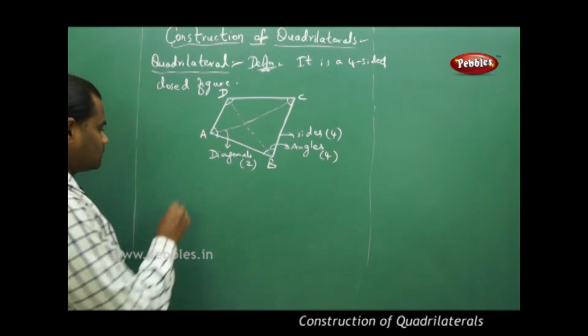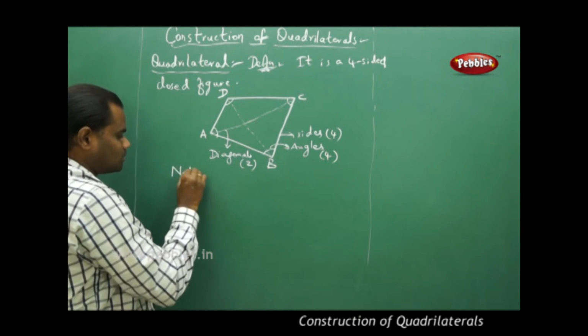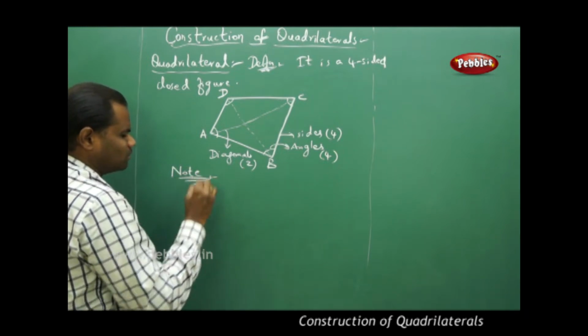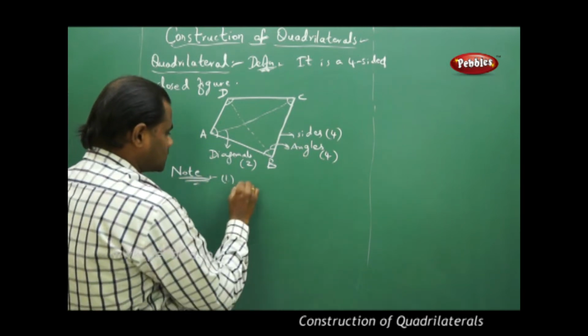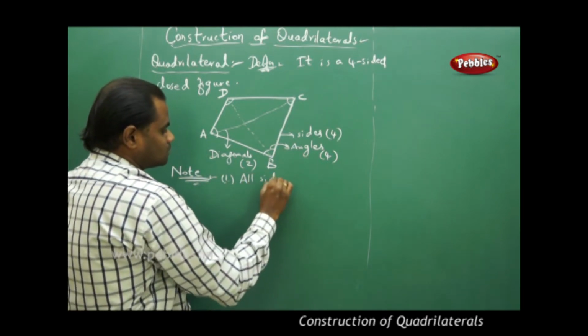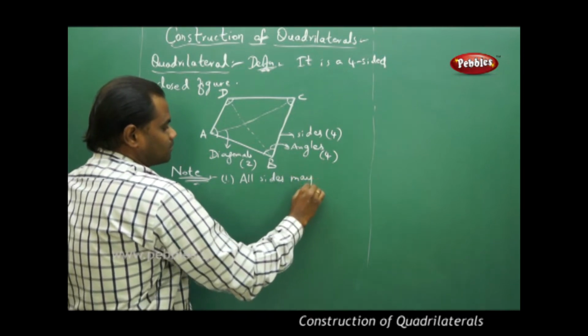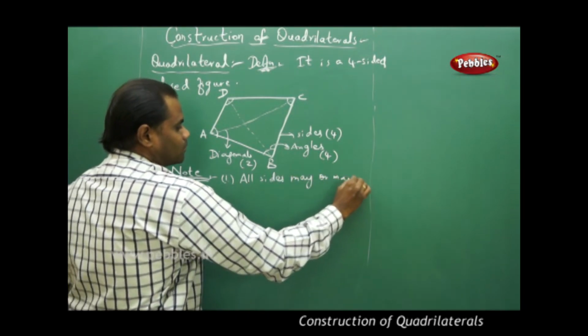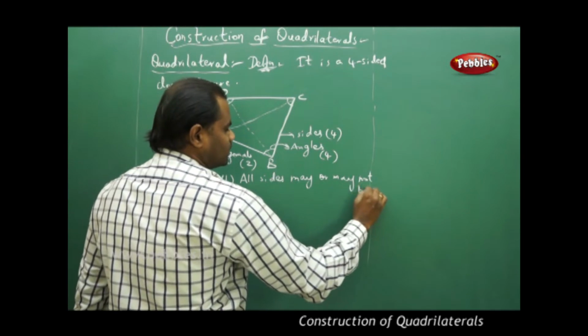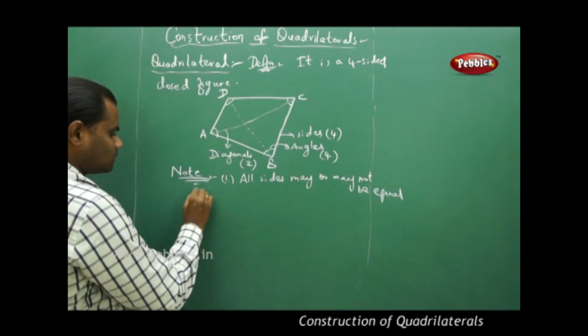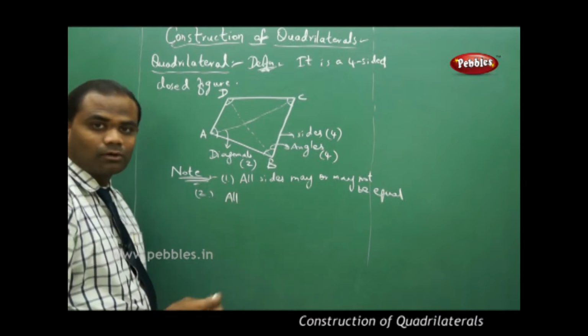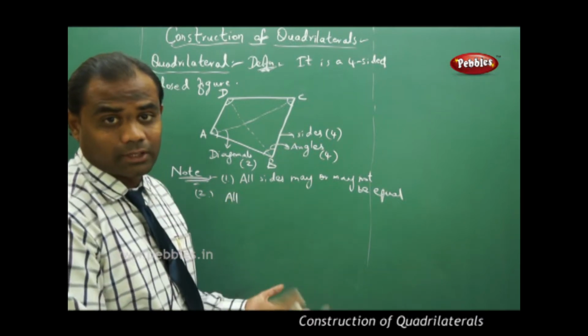Now, one thing I have to note here is all sides may or may not be equal. The first property of a quadrilateral states that all sides may or may not be equal. Similarly, all angles may or may not be equal. It depends on the given conditions.